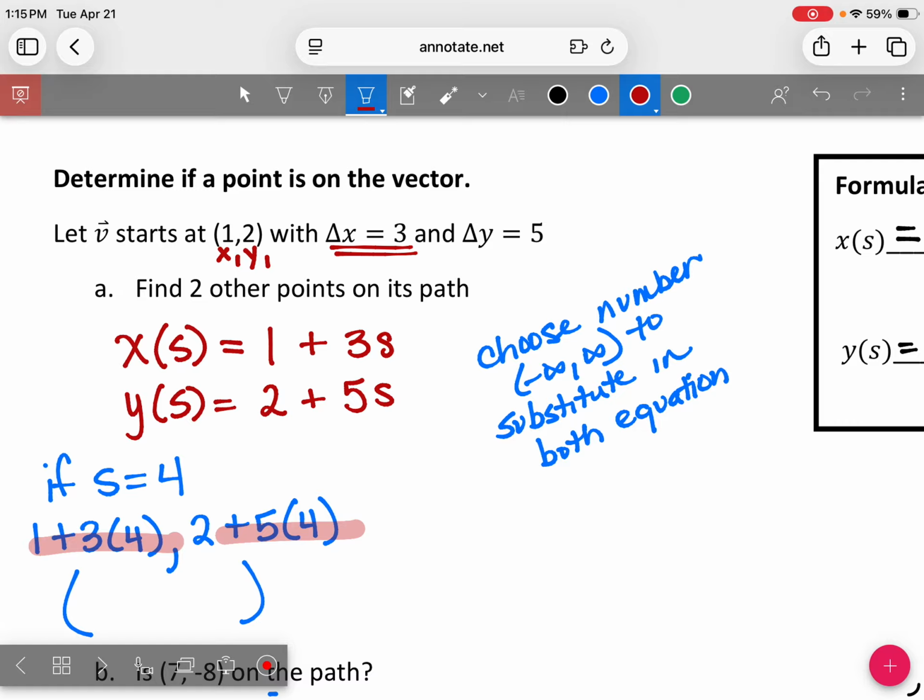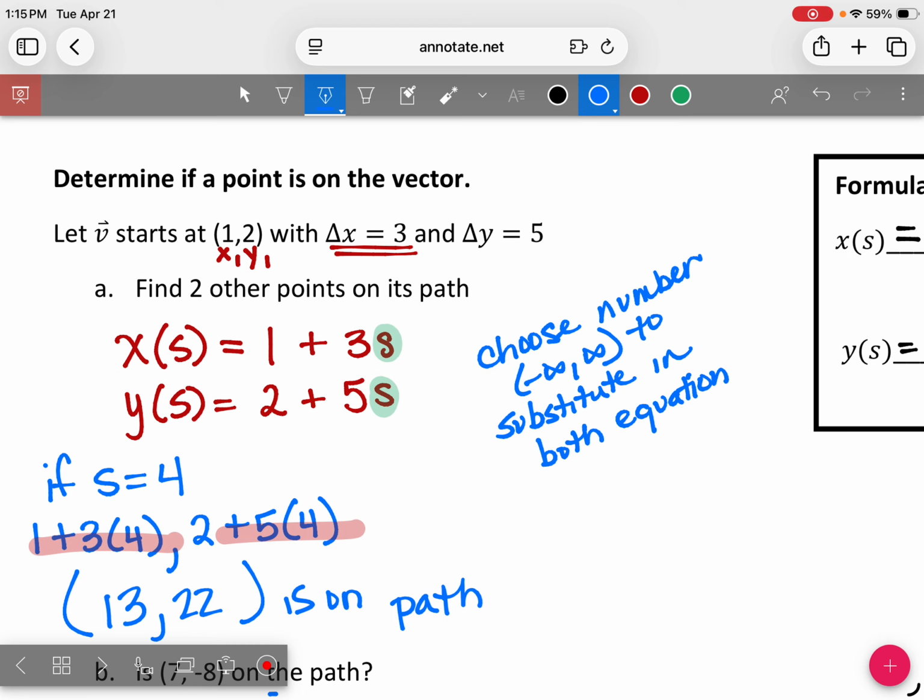So I substituted the number that Aaliyah gave me into my equation in place of s. So find a point on the path. This tells me that the point 13, 22 is on the path. That is an actual point on the path of the vector.